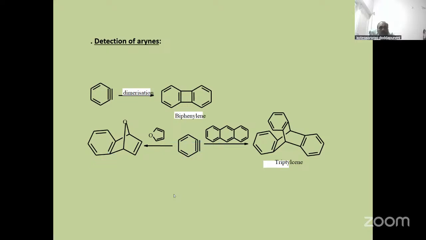Next, detection of arynes. How are these benzynes detected? Benzynes undergo dimerization by cycloaddition reactions that lead to the formation of biphenylene. Benzyne undergoes an addition reaction with furan, and then it leads to the formation of this kind of addition product.